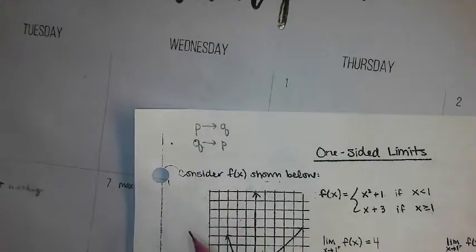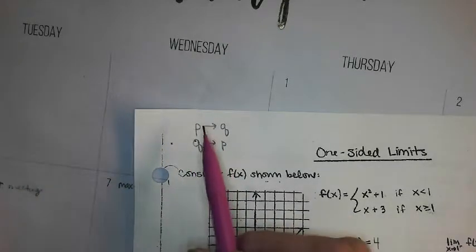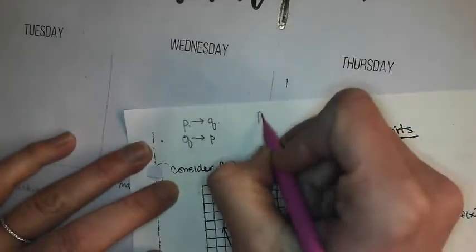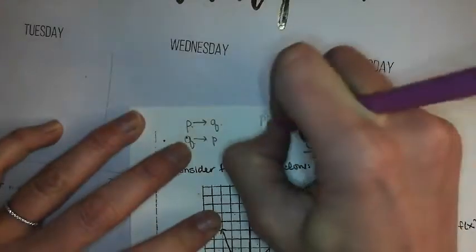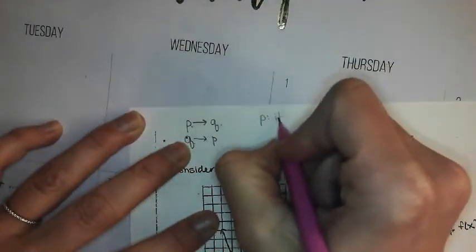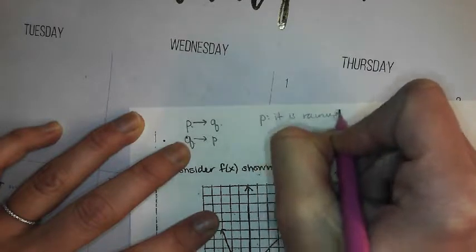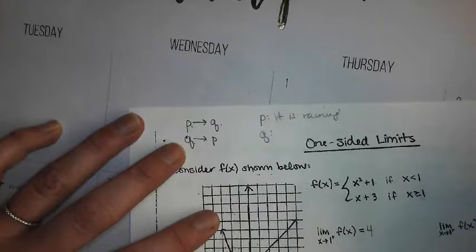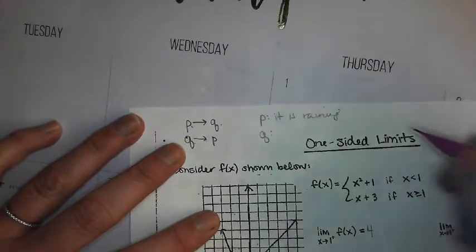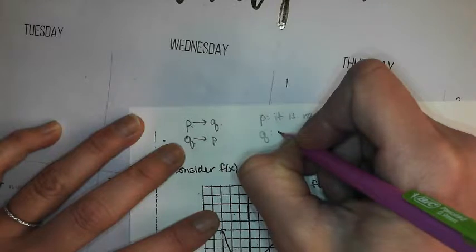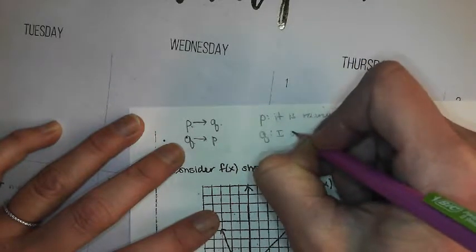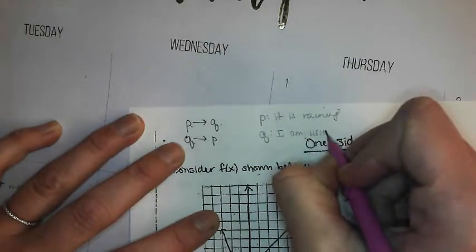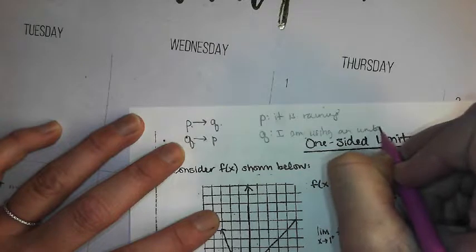Okay, so let's think of an example. If it's raining, then I carry an umbrella. So P is going to be it is raining. Q is I am using an umbrella.